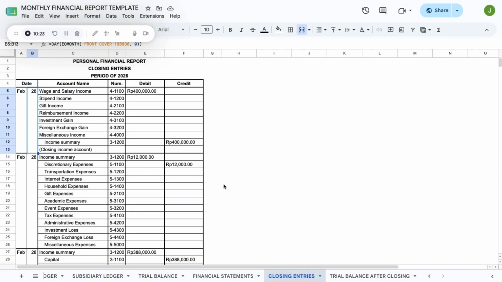And then what you would use, this is not really important per se, but this is the closing entries. This is basically because income and expenses don't transfer into the next month. So in here you basically just remove all the expenses and revenue, and then put it into income summary.